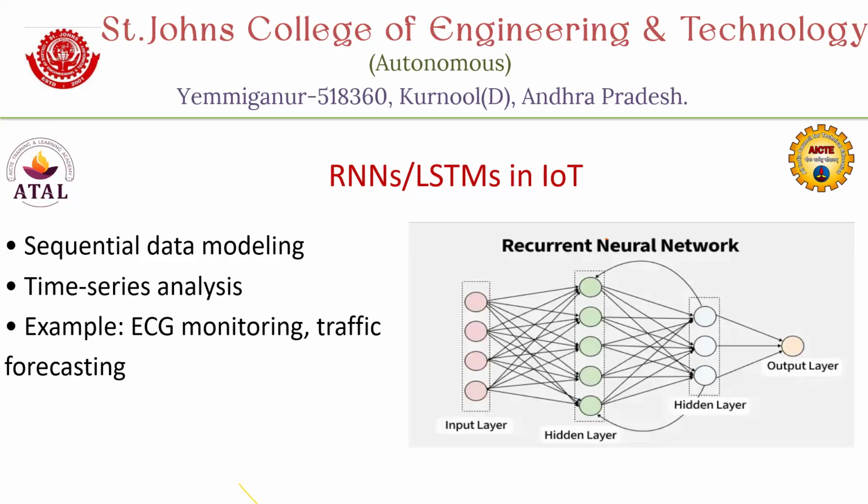But in the convolution neural network, it is not like that. The data is processed and moved in the forward direction only. But in the recurrent neural network, the data depends upon the previous values or the previous layer. The best examples for this are ECG monitoring or traffic forecasting. For example, if I want to fix the amount of time for which the green light should be turned on, it entirely depends upon the general traffic recorded in the last few weeks on that particular road.